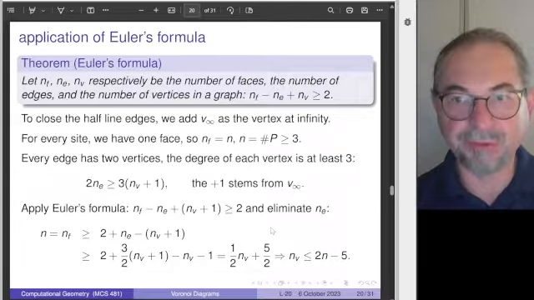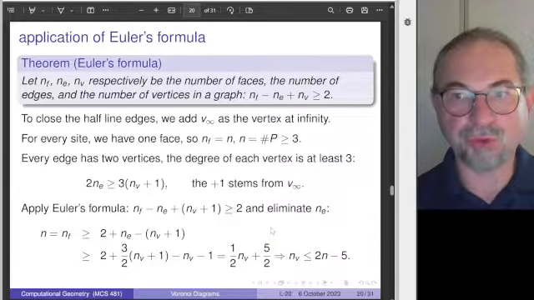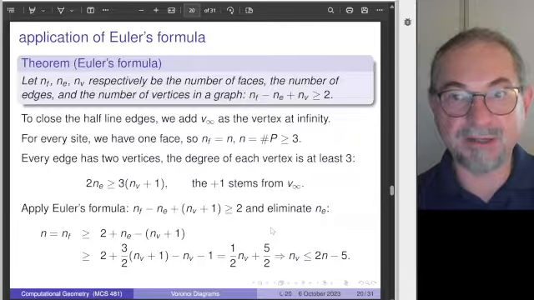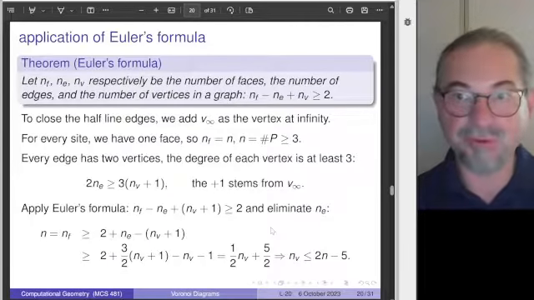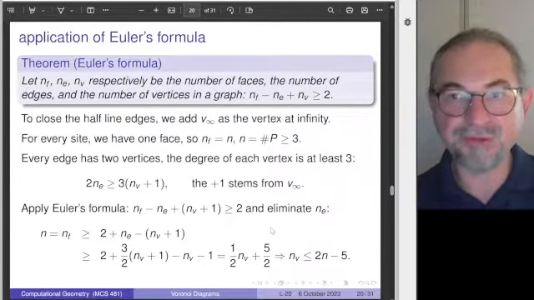And then we do some calculations with the inequalities and we find the bound on the number of vertices. So I'm half an hour in and I have shown, with the aid of Euler's formula, which you should have seen in graph theory, our first important result.